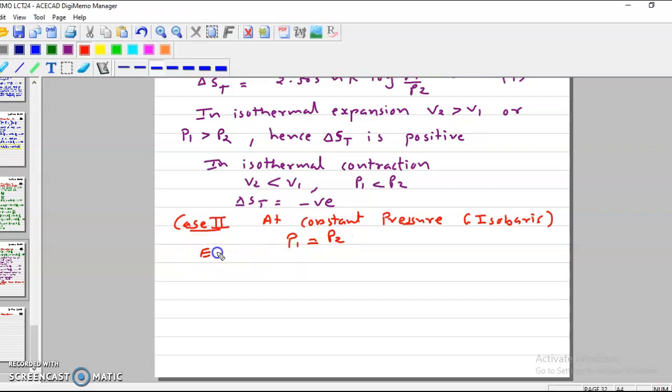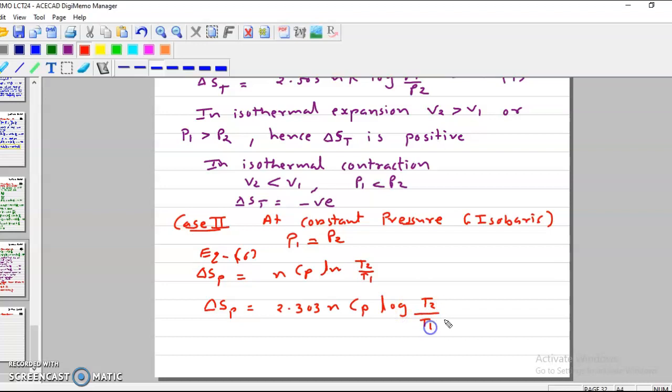Therefore, equation 6 will be delta S at constant pressure is equal to nCp ln T2 upon T1, or delta S at constant pressure is equal to 2.303 nCp log T2 upon T1, and this can be equation 10.